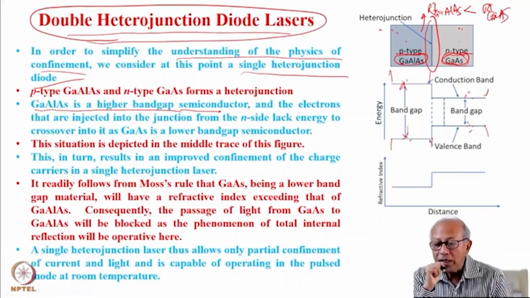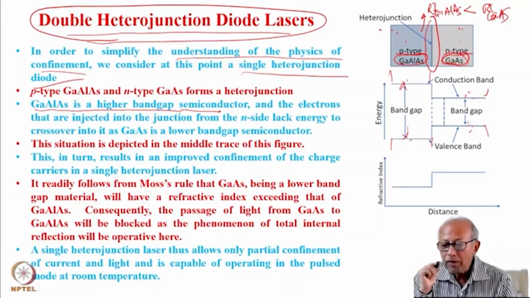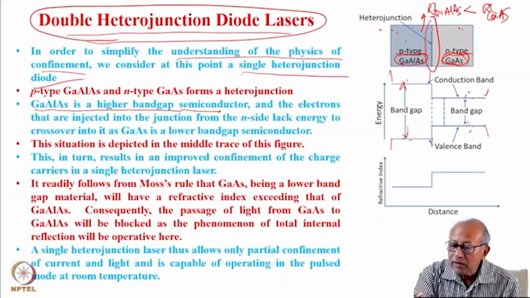So now you see, if it is so, then for the light that will be produced, this side has more refractive index, this side has less refractive index.